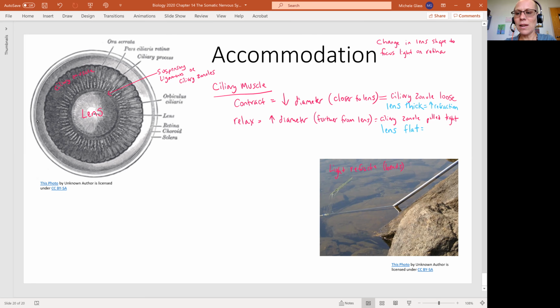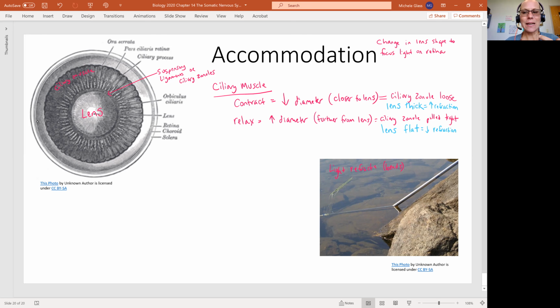If you have a thin lens, if it's flat, you get less refraction, less bend. Because water's thicker than air, right? So when the pole is going through the water, it looks like it's bending, right?